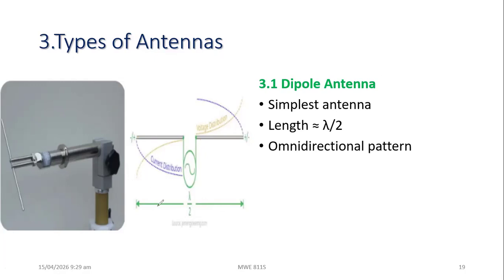What is important to take note of in the design of a dipole is that the distance between this wire and that wire must be half a wavelength. That distance, which is this distance here, must be half a wavelength.